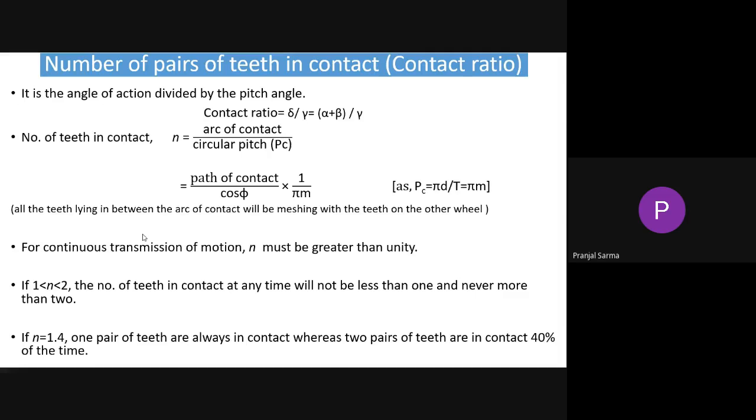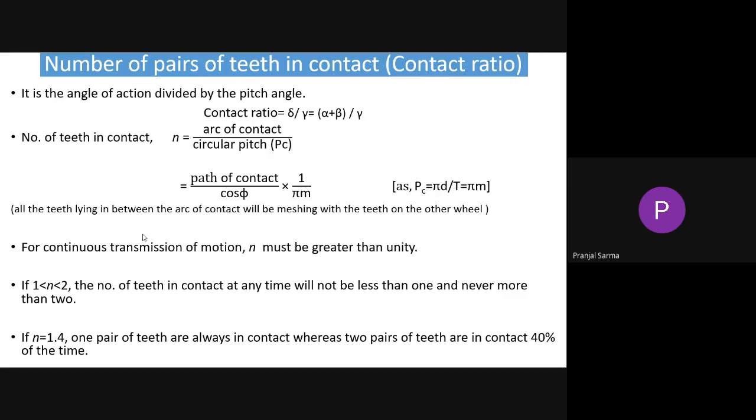Next, the number of teeth which are in contact once again gives you the indication of the contact ratio. It can also be obtained by dividing the arc of contact by the circular pitch, which is one of the most common ways of finding out the number of teeth in contact. So small n.